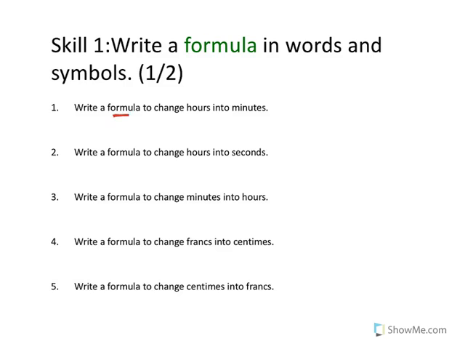Number 1 says to write a formula to change hours into minutes. So we want to make minutes. Now if we think about it, there's 60 seconds in 1 minute, and there's 60 minutes in 1 hour, right? So if you have 1 hour, we know that that's 60 minutes.